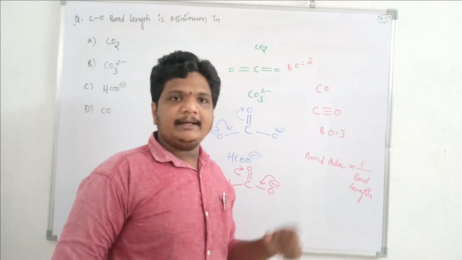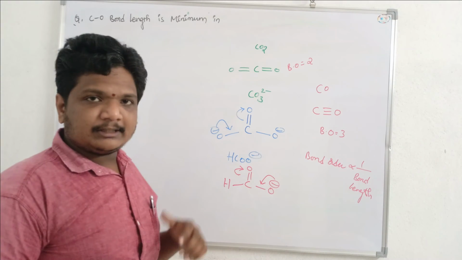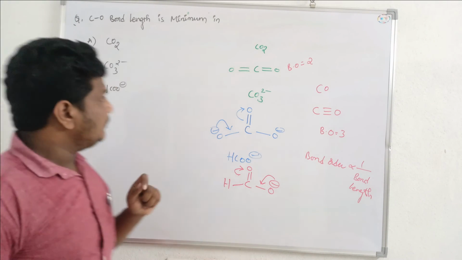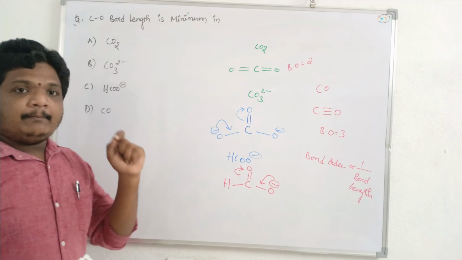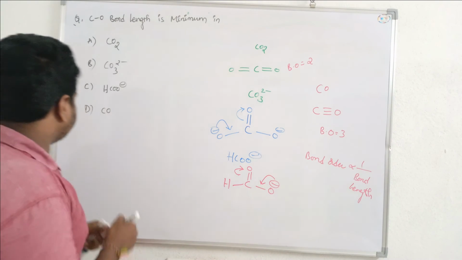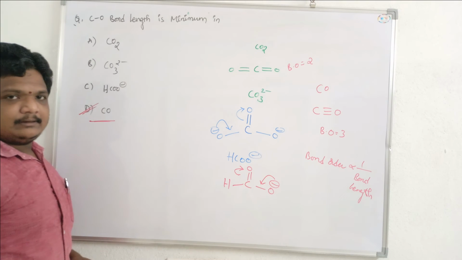This CO molecule has more bond order compared to the remaining ones, so that's why it has the lesser bond length. So we can observe the CO molecule has the minimum bond length between carbon and oxygen. So the correct option is D. This D is the correct option for this question.